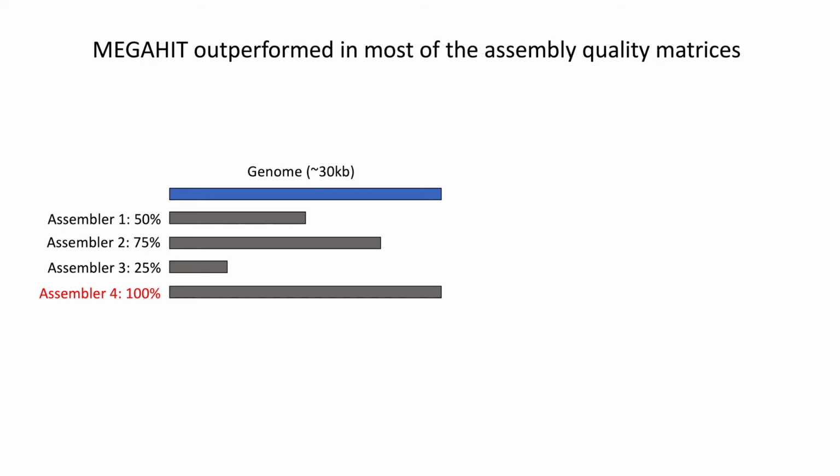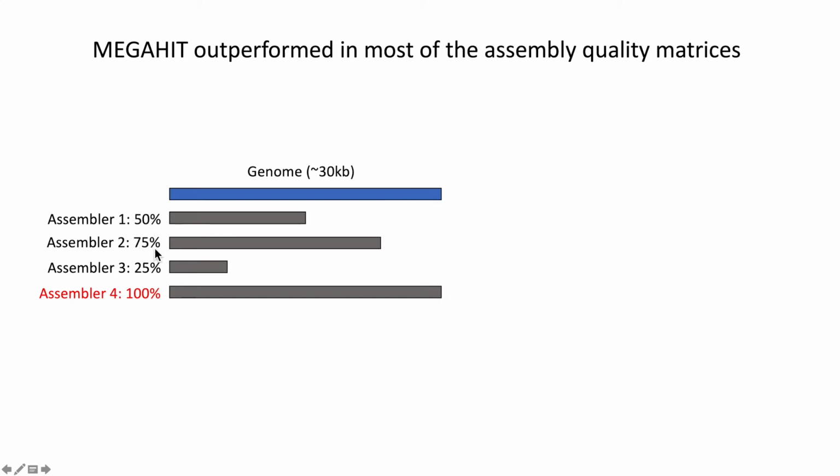There are several quality metrics that are used to find the quality of an assembly. One very basic approach is to measure what fraction of the genome has been assembled by a particular assembler. For example, this is the whole genome of coronavirus. You can see for assembler 1, we are able to assemble 50% of the genome.